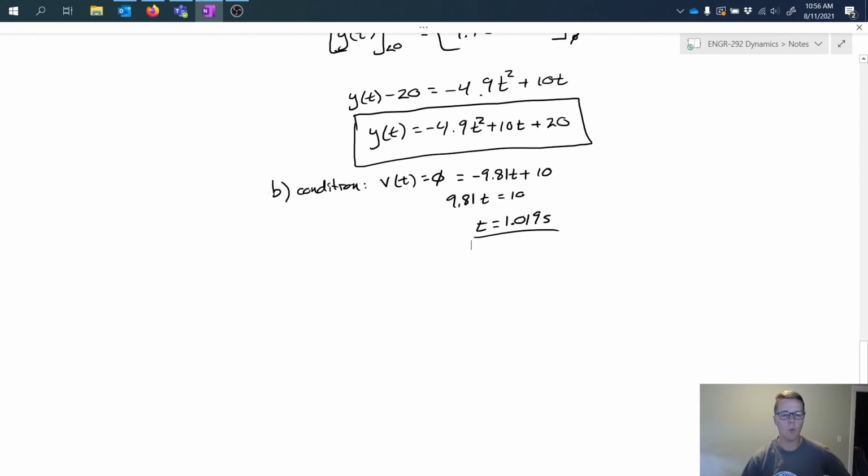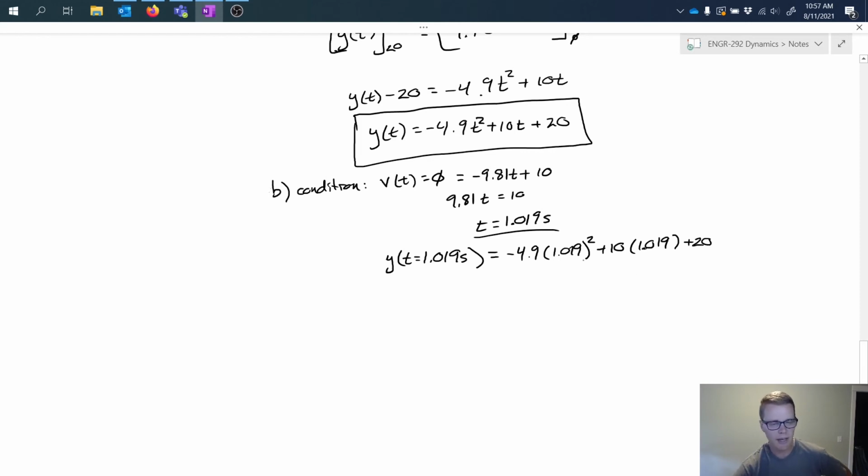Now we want to find out where that occurs. So to do that, we can take our expression for y, set t equal to 1.019 seconds, and evaluate it. So we have negative 4.9 times 1.019 squared plus 10 times 1.019 plus 20.